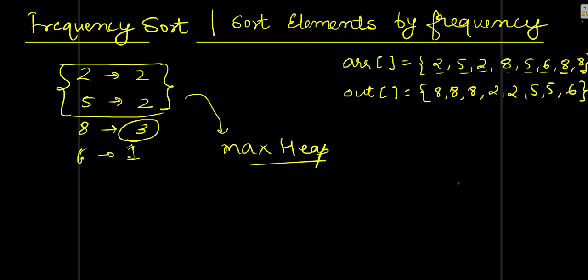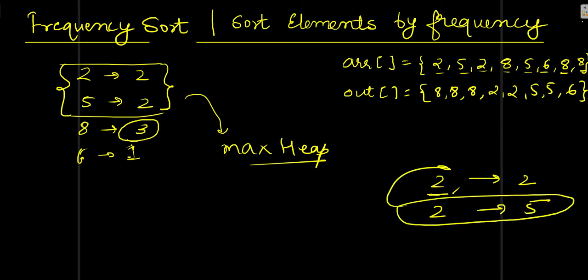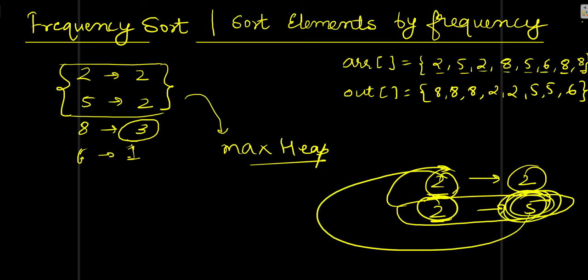Because in a max heap, if I simply put the frequency and its value, then the bigger one will come first, right? Because if the two frequencies are the same, then internally it will check the other value, and if the other value is bigger, this will directly come up.